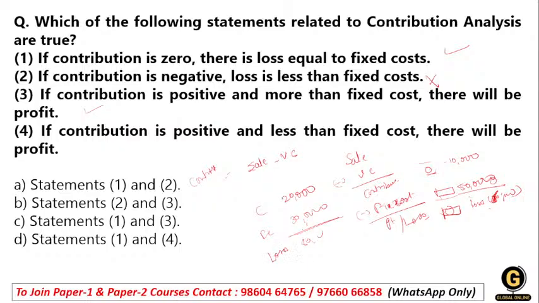No, there will be loss, because your contribution is less. So here you will face a loss of 10,000 rupees. So the first statement is true and the third one is true. First and third, so option C will be the right answer.